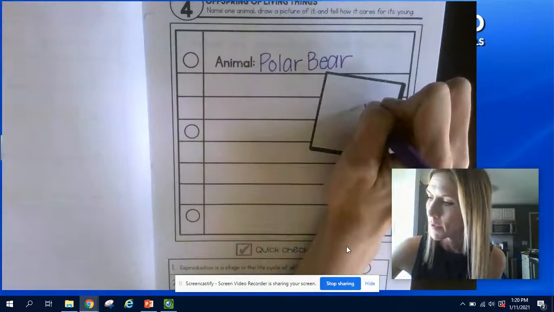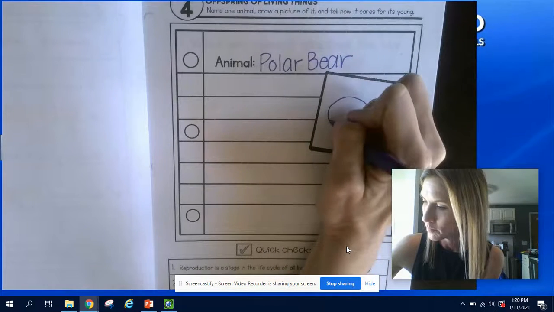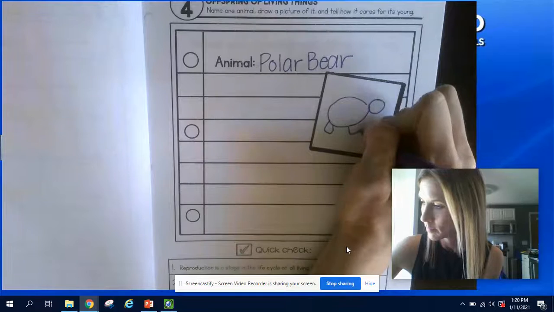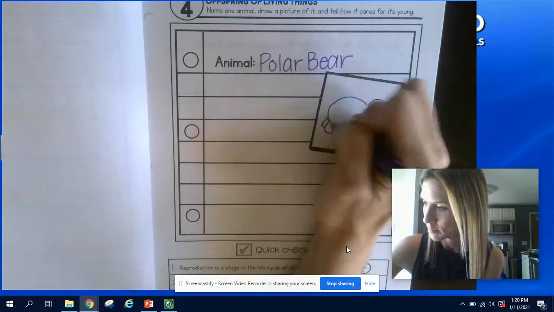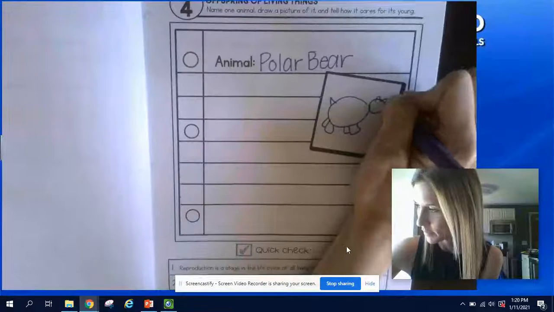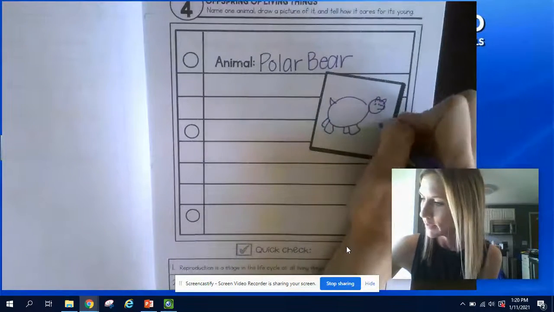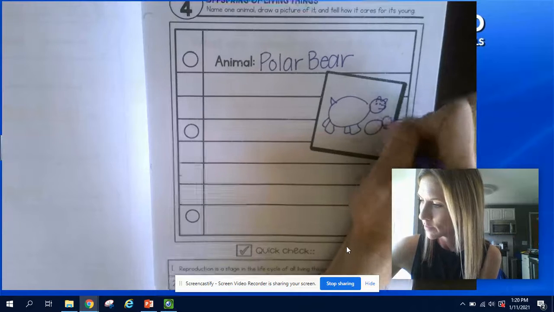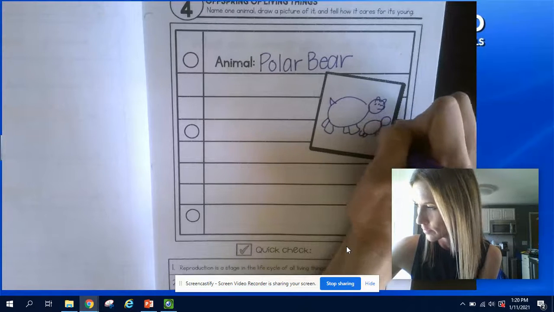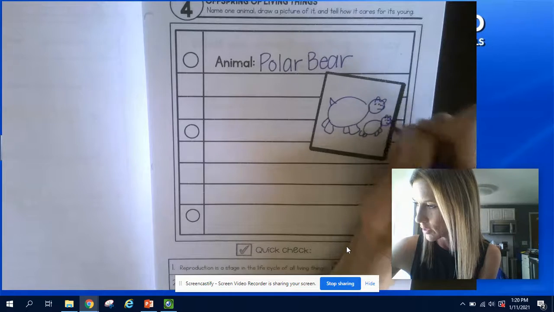I'm going to draw a quick picture of the polar bear. I'm not really sure what a polar bear looks like, but okay, and then I'm going to draw its little baby. Okay, so I've got my picture.